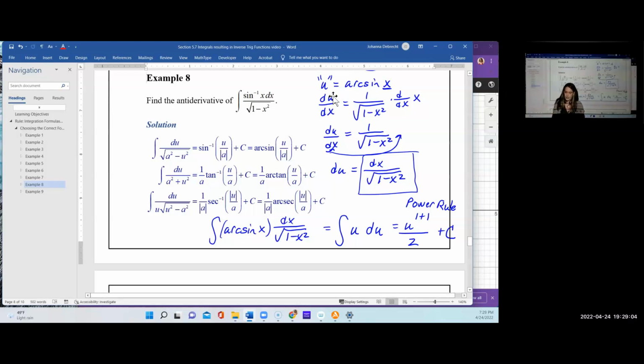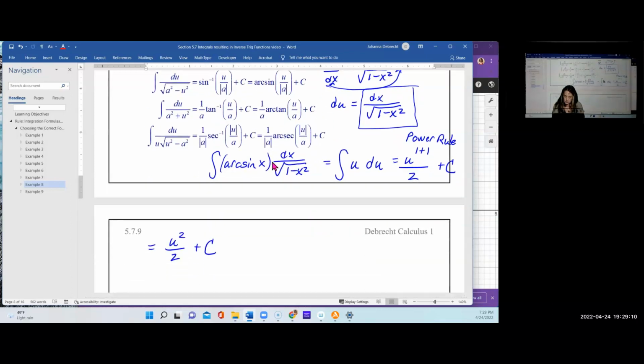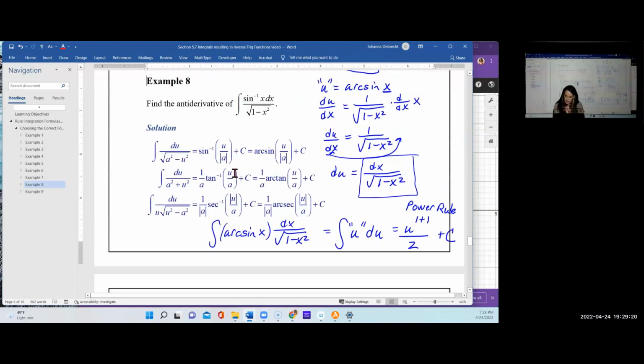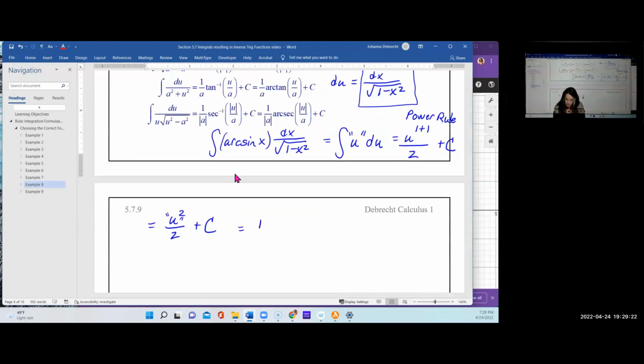So I come up here where I have u equal to arcsine of x, and I replace this u, which is not the u from the formulas that you see here on the left, and I replace that u instead with the arcsine of x. This becomes 1/2 arcsine of x quantity squared plus a constant.